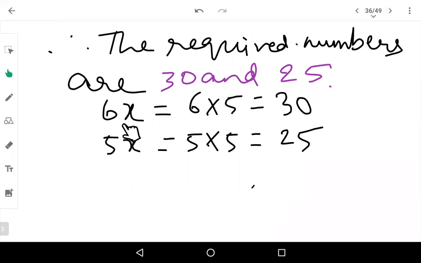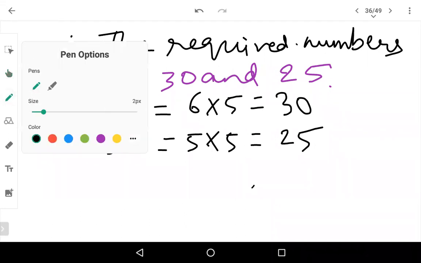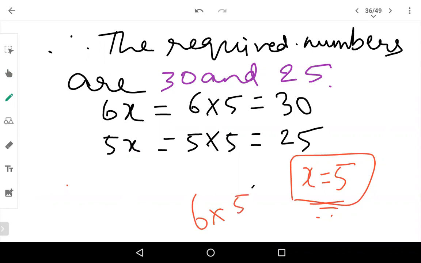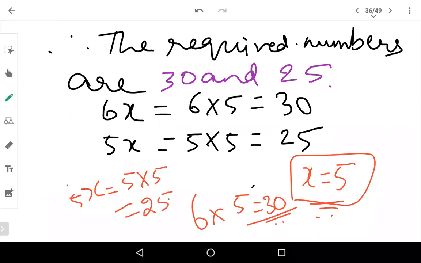First is 6x. So we know x is equal to 5, correct? So 6 into x is 6 into 5. So your first number is going to be 30, and then 5x, which is nothing but 5 into 5. Your second number is going to be 25.